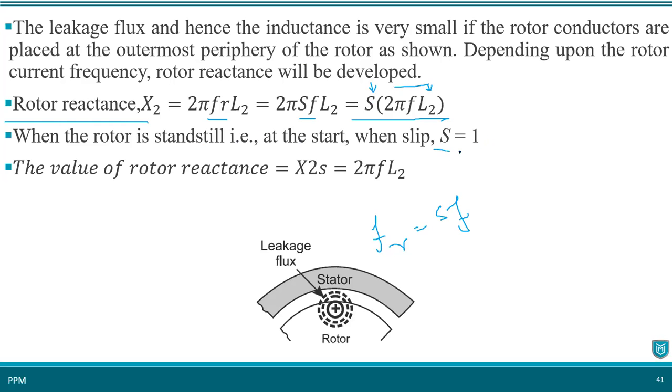So if the rotor is stationary, S will always be 1 and X2 will be 2 pi F L2. But rotor reactance at a different slip will be different, and that depends upon the equation which is on your screen.